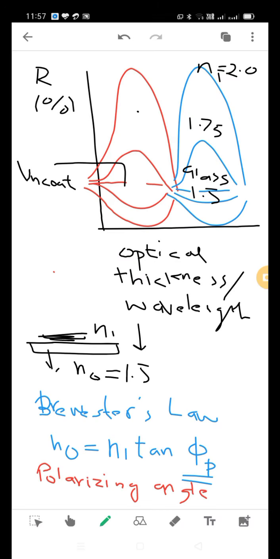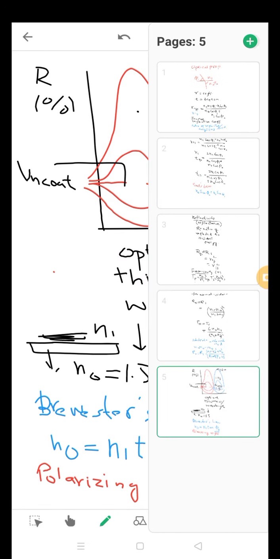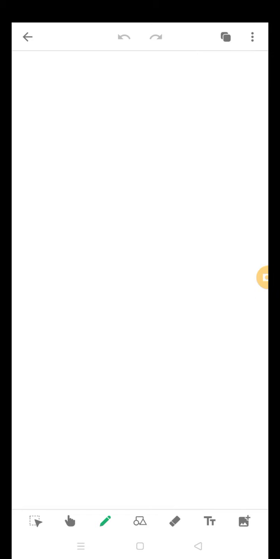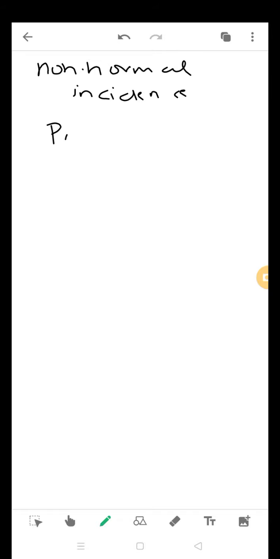So as we have seen, for non-normal incidence, the P parallel to the plane and S perpendicular to the plane, these components have different amplitudes.